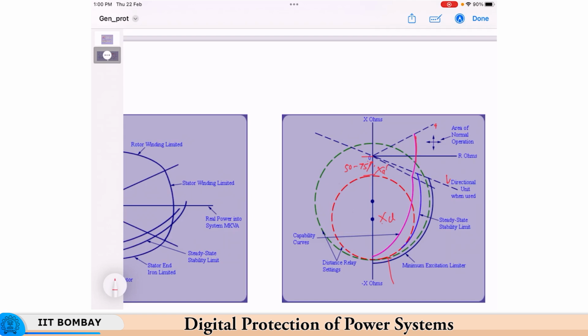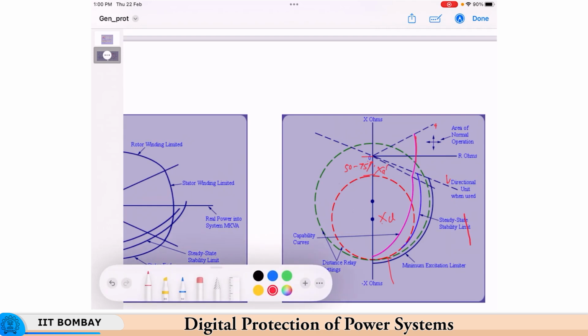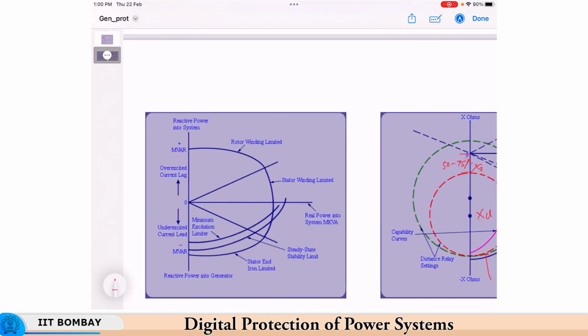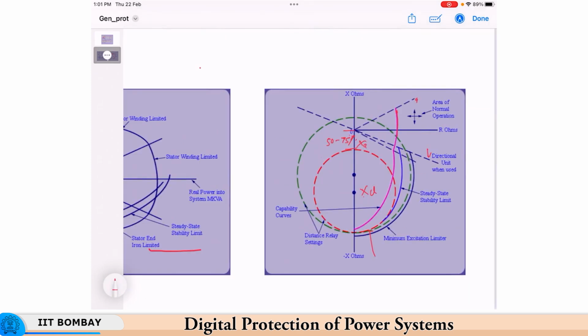Now, here it can be observed that the steady state stability limit is also plotted from the capability curve. It is also plotted on the Rx plane.